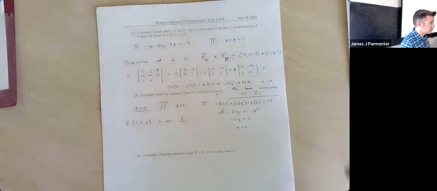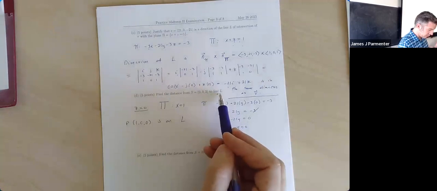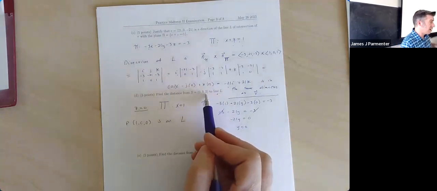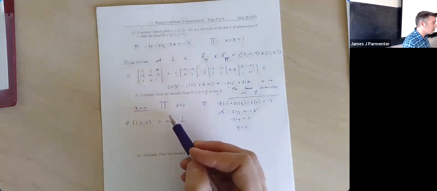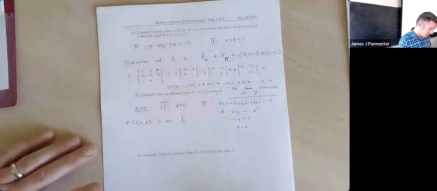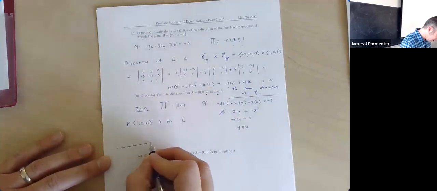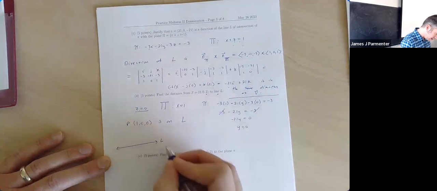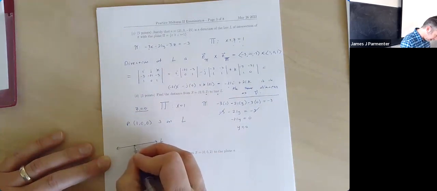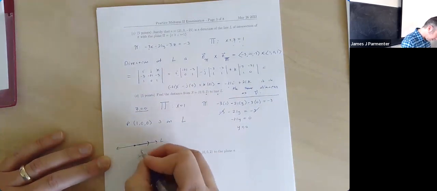Because to find the distance between a line and a point not on the line, you have to know a point on the line. Before we did that, we only knew the vector in the direction of the line. I kind of like drawing the picture. Here's my line L. The vector on the line L is the vector v.